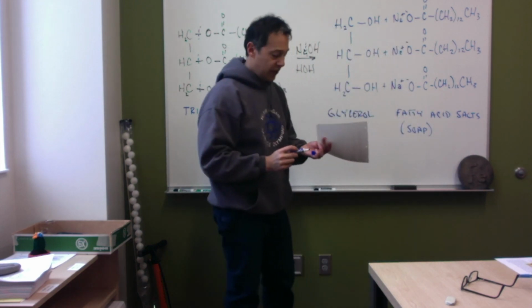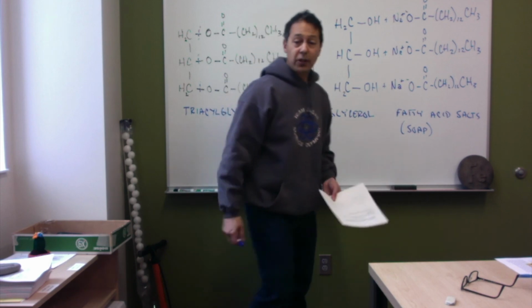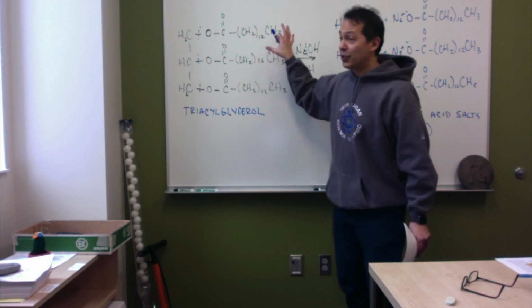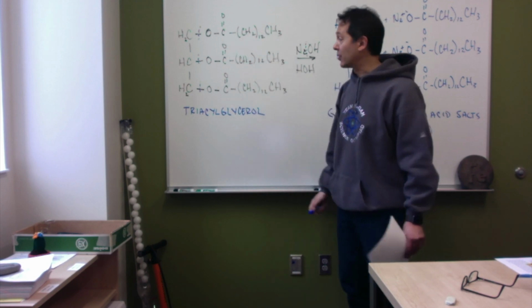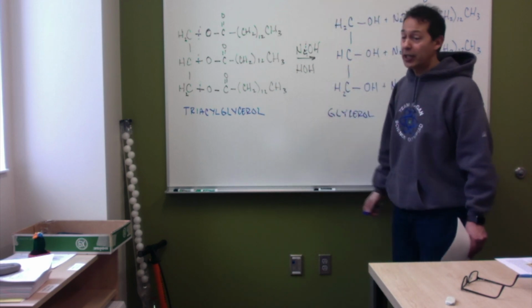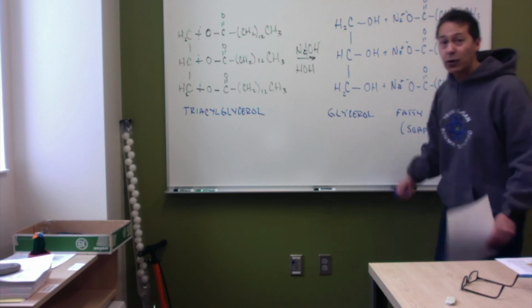We have a fancy name for these fatty acid salts, soap. And so basically what you're doing is taking the triacylglycerol, which is fat. This would be like animal fat, or could be plant fats as well. You're going to be adding a strong base to it, sodium hydroxide, and you're going to be creating glycerol and soap. And this is how soap is made.